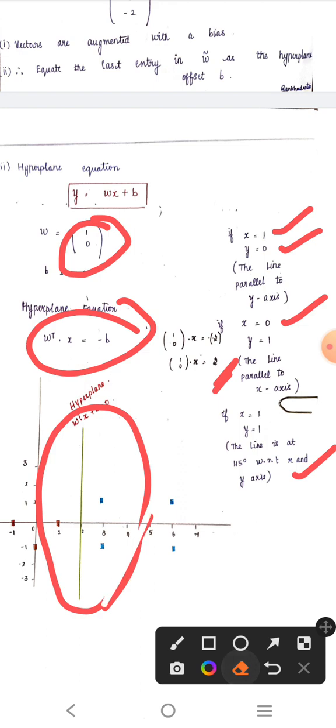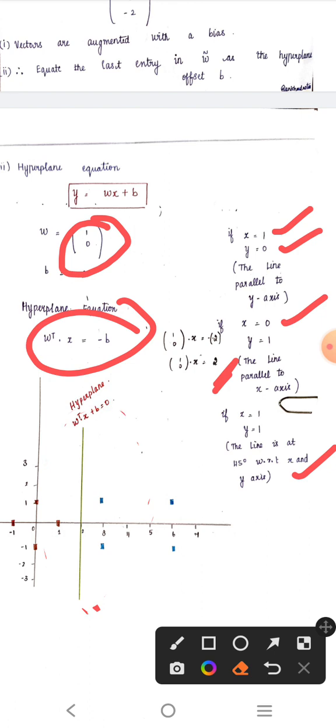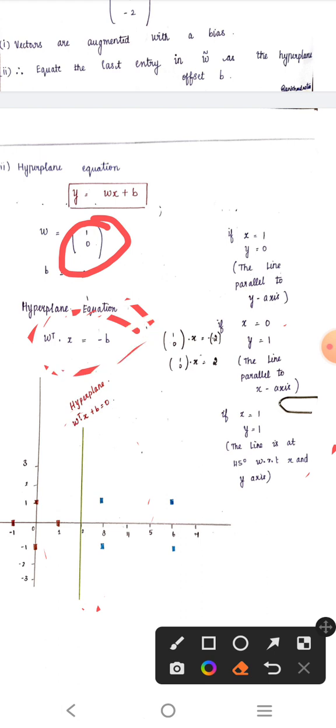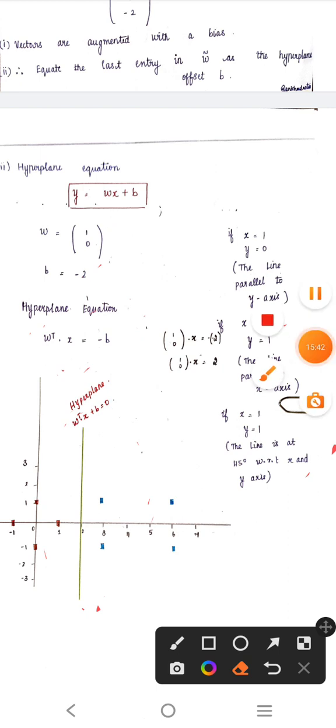So the hyperplane will be on 2, which is parallel to the y axis, and it's a hyperplane which clearly separates the positive and the negative. So this is the final last step in the support vector machine computation. Yes, thank you.